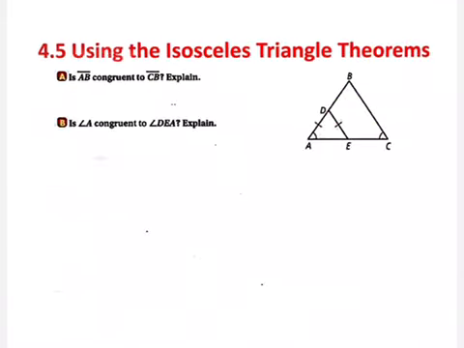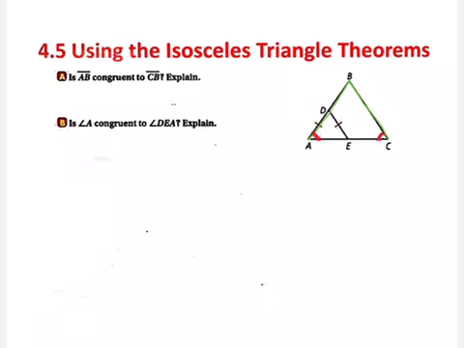In this example, the question is asking, is segment AB congruent to CB? And explain. So we're looking at AB, which is this segment here, and they want to know if that's congruent to CB. Well, if we focus in on these two angles here, these are the base angles to this much larger triangle.